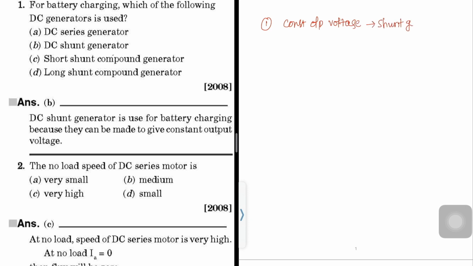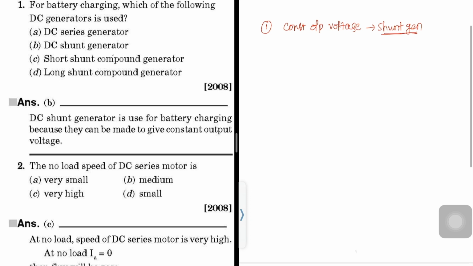Shunt generator. From the exam point of view, there are some questions they will ask, like applications of the shunt generator. Generally, we use a shunt generator for general lighting purposes because it gives constant output voltage, so even if there is load variation, the output is maintained constant and there are no blinks.